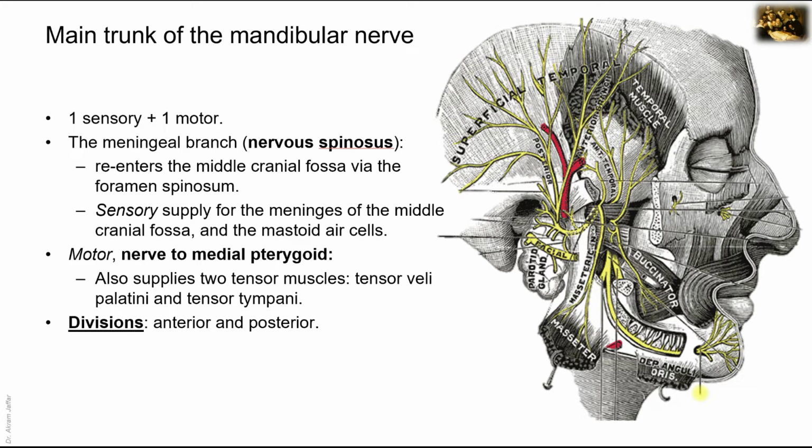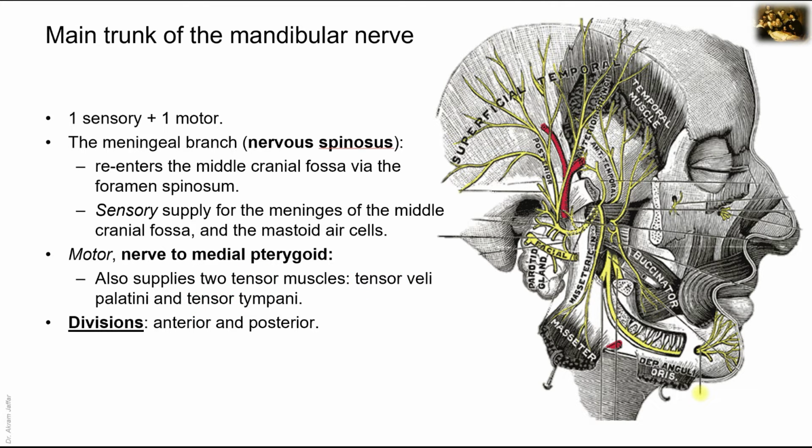And then we have the motor branch, and this is the nerve to medial pterygoid muscle. The nerve to medial pterygoid arises from the main trunk of the mandibular nerve, and you should keep in mind that it not only supplies the medial pterygoid muscle, but also two other small muscles that carry the name tensor: tensor veli palatini, a muscle of the palate, and tensor tympani, which is located in the middle ear.